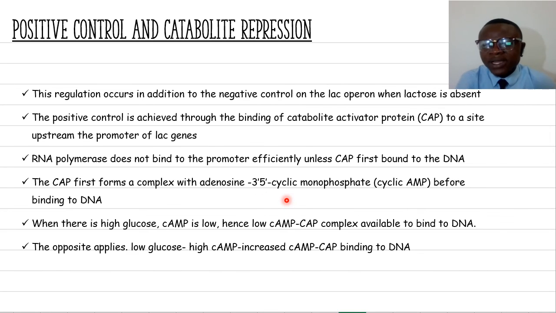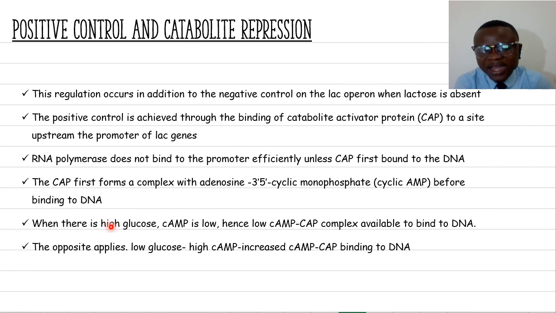The cyclic AMP comes about because you have the breakdown of more ATP into AMP, and the cyclic form of the AMP is more stable or more common as compared to the other structures. Once you have low glucose, it means that the energy level will be low, so we have a high level of cyclic AMP. Once you have a high level of cyclic AMP, it is able to bind to CAP protein and bind to the promoter of the structural genes.